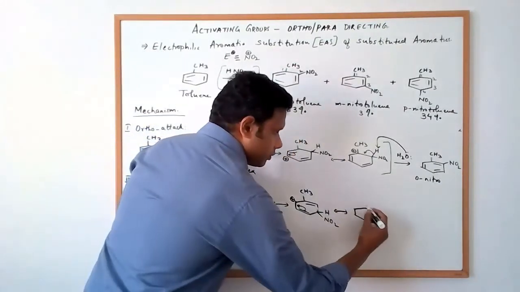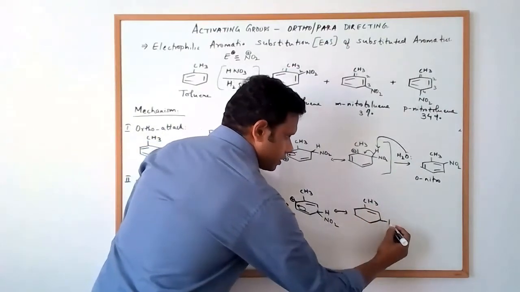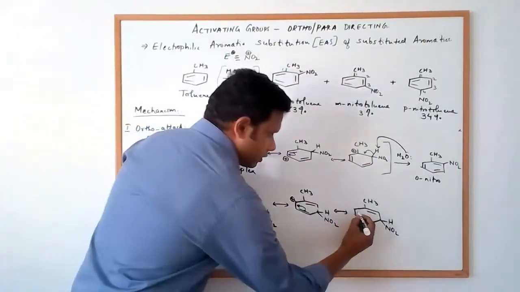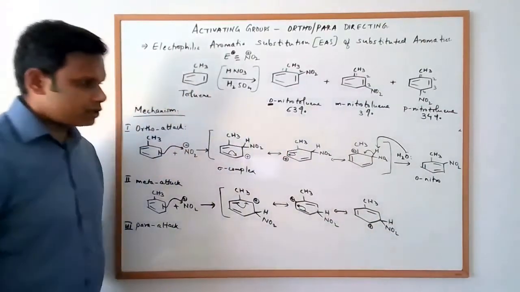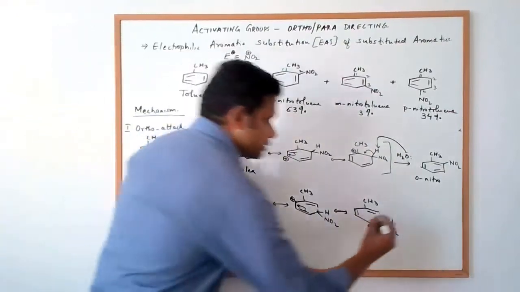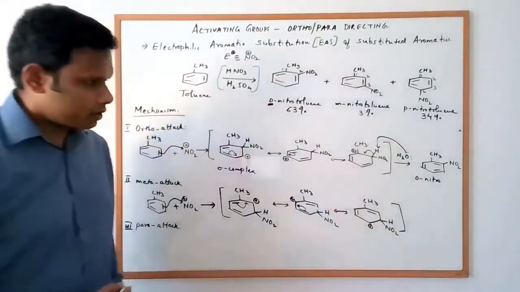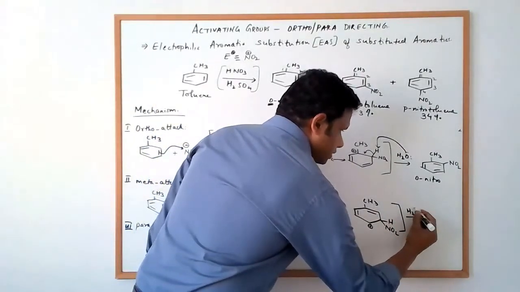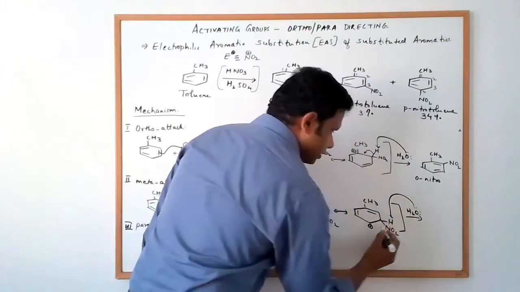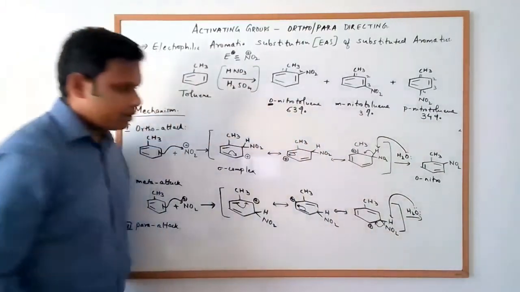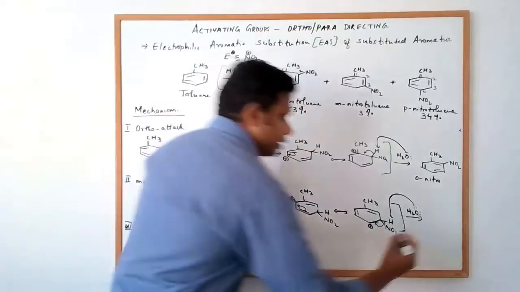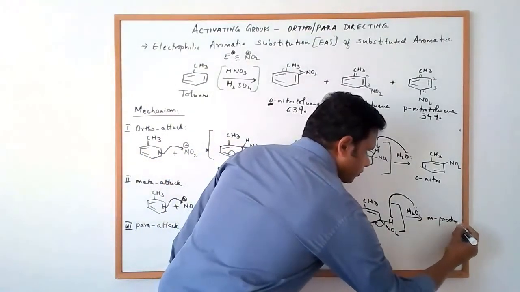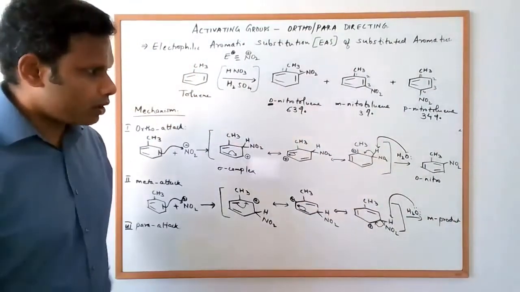So we have double bond, methyl group, H, NO2, and we have a double bond here and a positive charge here. So those would be all the resonance forms for the meta product. And from this meta product, again, some weak base can come and deprotonate this hydrogen, which is going to drop its electrons into the ring, and it would give us the meta product. So let's say we are going to get the meta product over there.